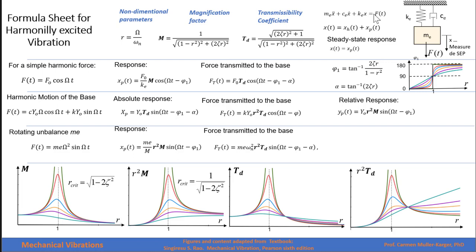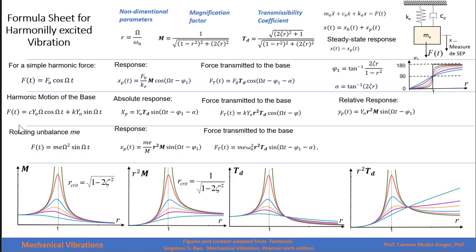The non-homogeneous force became this one right here. We analyzed the absolute response. The magnitude of the response will be a function of the transmissibility factor, and the relative response will be a function of r squared times the amplification factor.